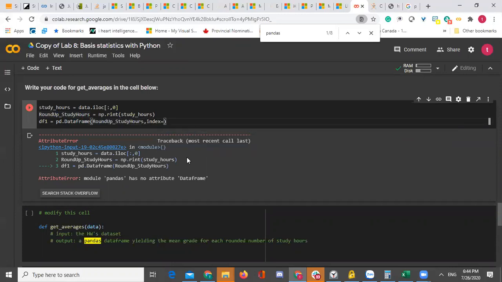Oh, maybe I need to add the index, right? Yes, you could add the index, no, the columns.